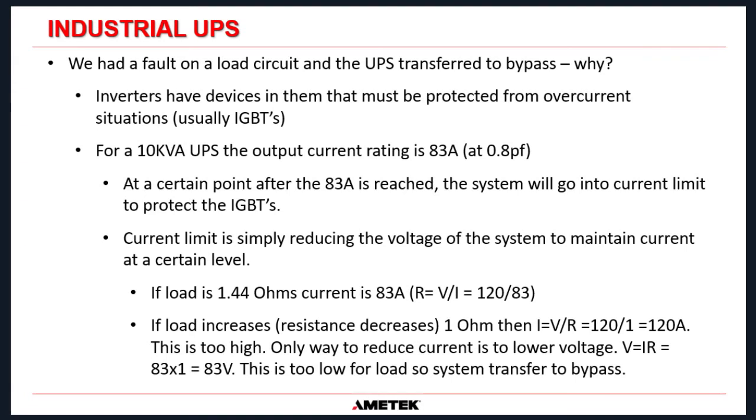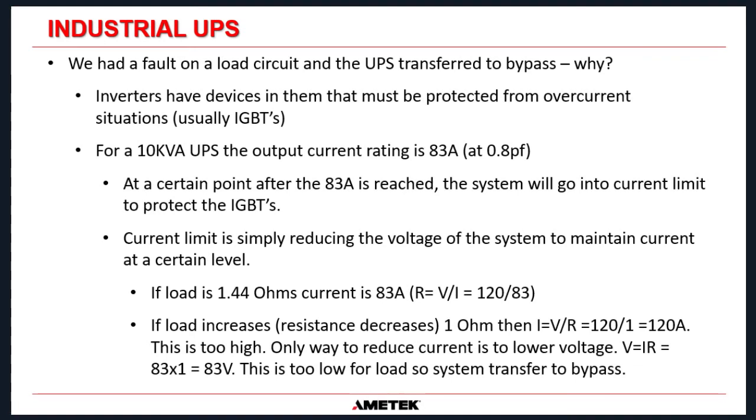Resistance is equal to voltage divided by current, which is equal to the output of the UPS, which will be 120 volts. And we're saying that the current is 83 amps. So that means the overall resistance of all the loads connected in parallel is 1.44 ohms when we are supplying 83 amps. But let's say the load increases. Somebody adds more load to the system to cause it to go above the 83 amps.